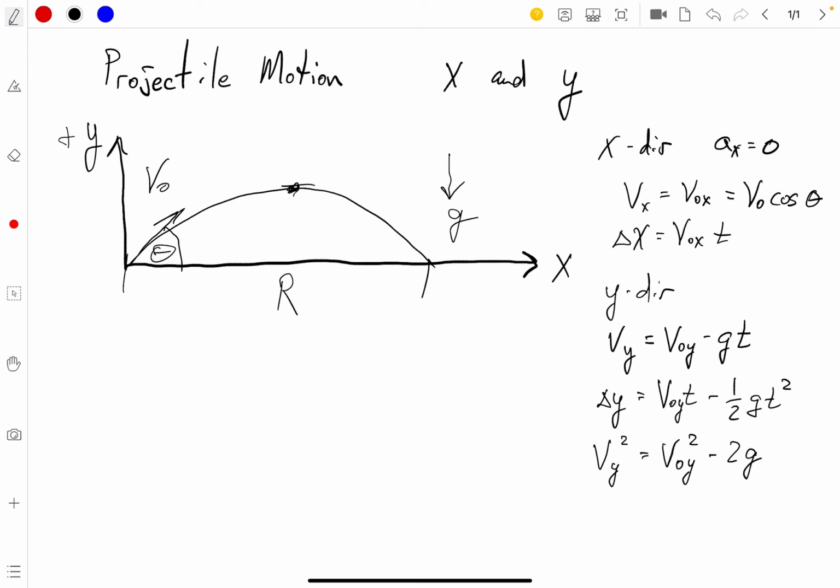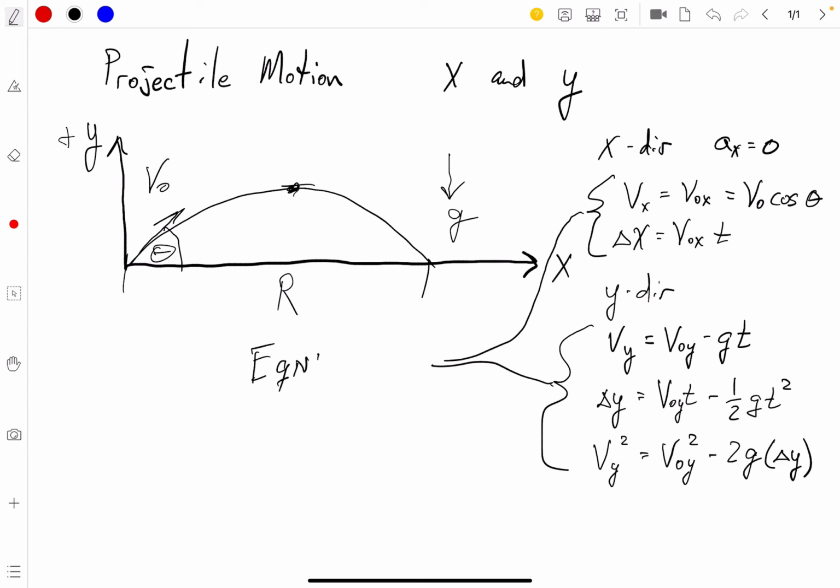Because g points down. And that all times delta y. So those are our equations of motion for projectile motion. So I'm going to link them. Equations of motion for a projectile.